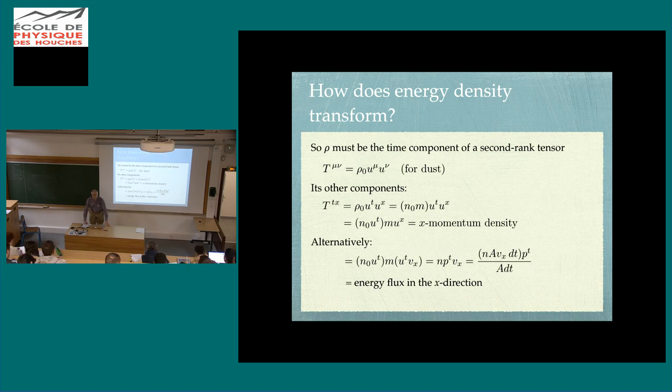So either way, I can consider it the density of x momentum, or I can consider it as energy flux in the x direction. So what do you think T^xy would be? Yeah. And so instead of Tx, which would be energy flux in the x direction, if I'm thinking xy, it would be x momentum flowing in the y direction.